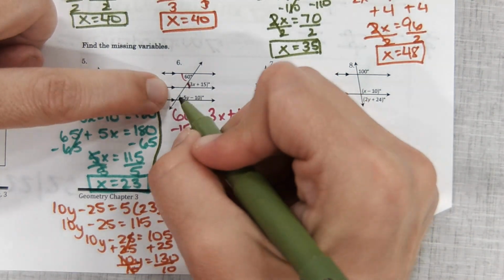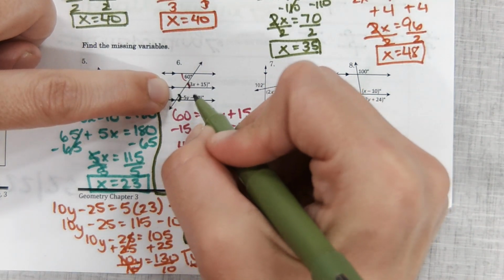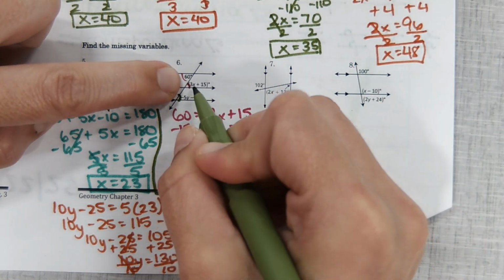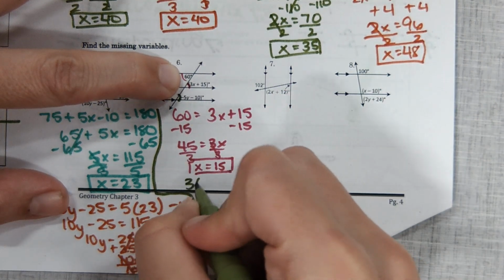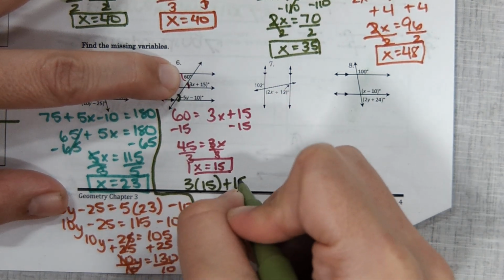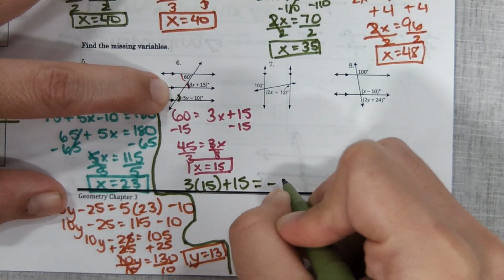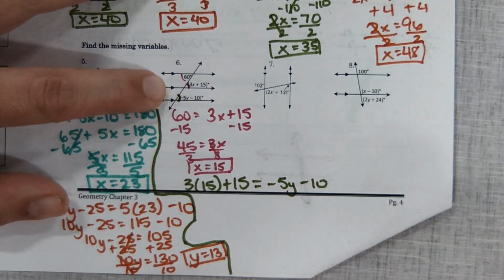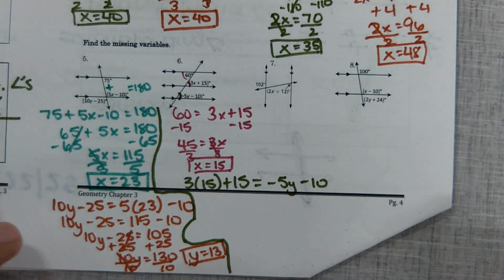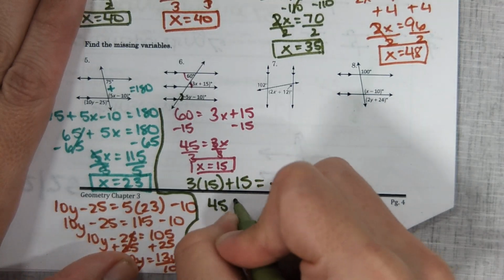Okay, and corresponding angles are equal, so these are equal to each other, and now that I know x, I can plug that in. So I can do 3 times 15 plus 15 equals negative 5y minus 10. 45 plus 15.